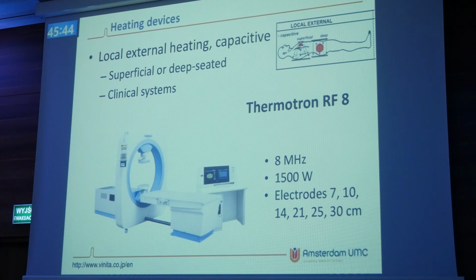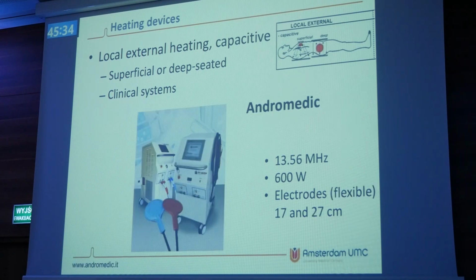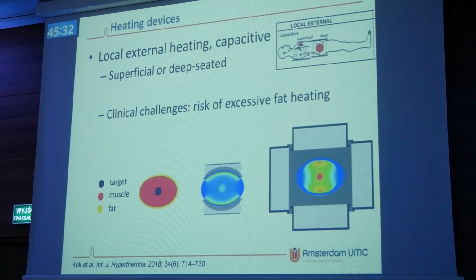So some examples of systems. This was the first one that came on the market from Japan, but there are also a number of other vendors also represented here, by the way. For superficial tumors, this is likely to work quite well.